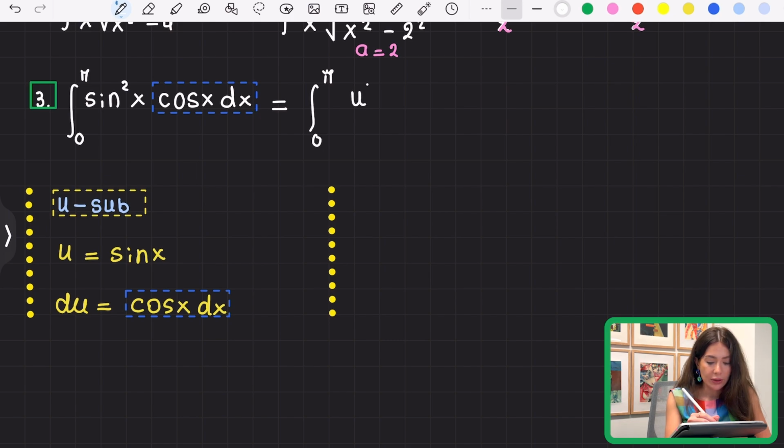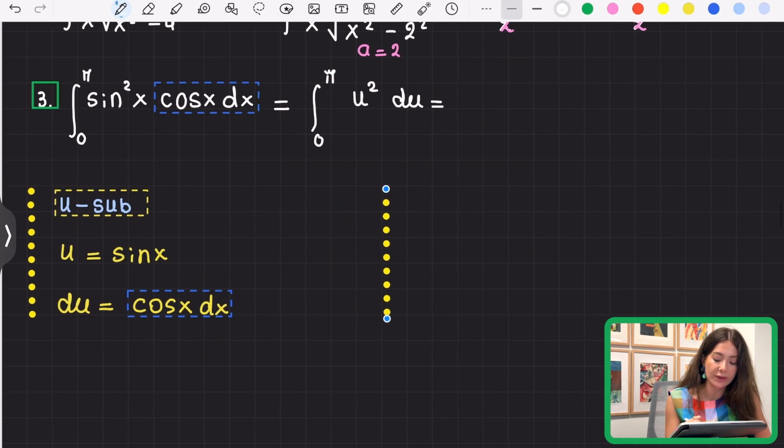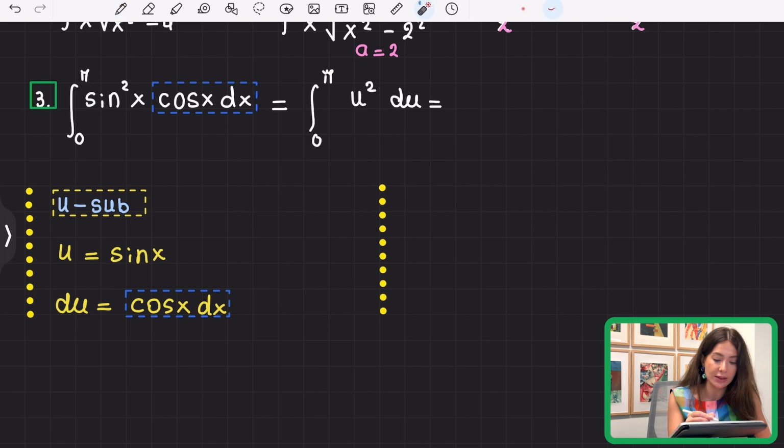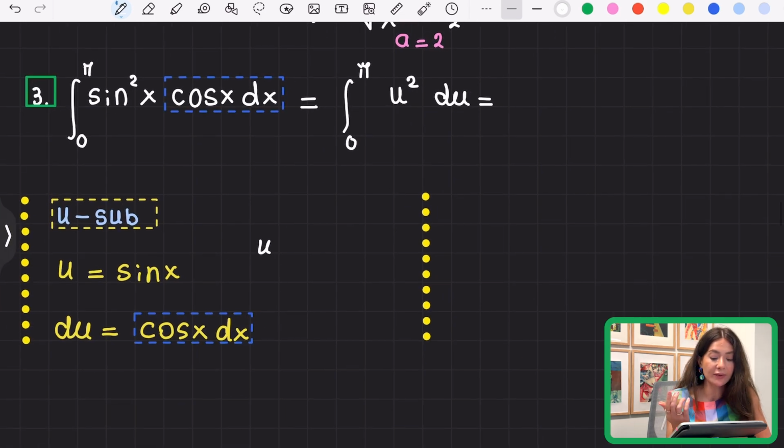So this is going to be u squared du, and you can get new bounds, and you should, because whenever you're solving a definite integral, and in this case you have bounds, the answer is not going to be some function. The answer is going to be a number. It's going to be a scalar because you're calculating area under the curve. So you never go back to the original variable because you're not going to have any variables in your answer.